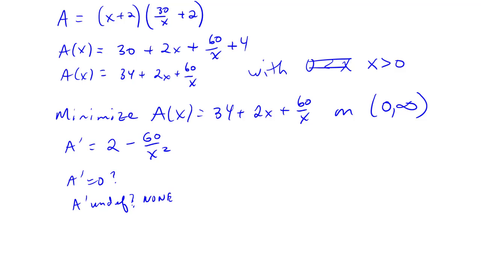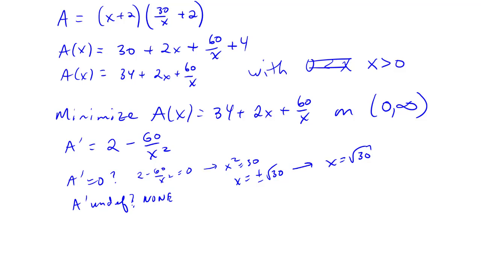For here, if we work out 2 minus 60 over x squared is 0, we'll get x squared is 30. So x is plus or minus the square root of 30, but again, we're going to go to just positive lengths here. X is the square root of 30.